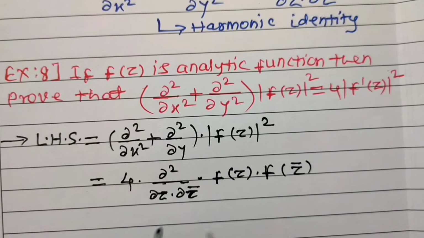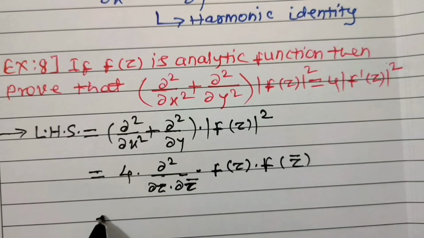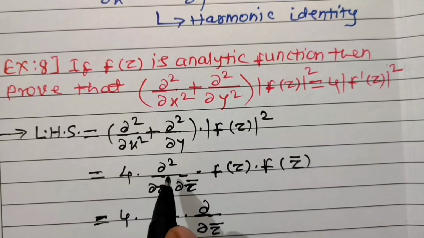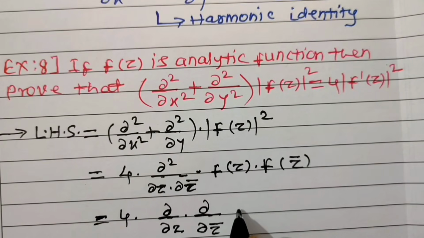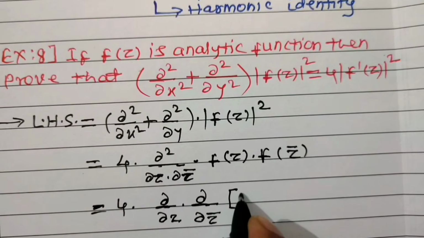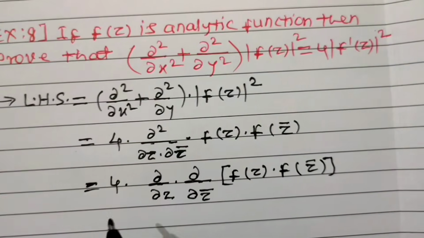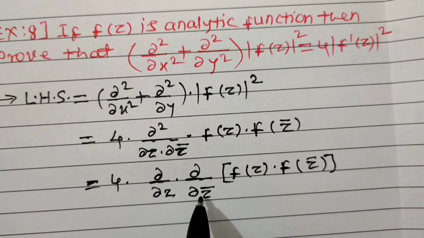Now separately apply ∂/∂z on f(z) and ∂/∂z bar on f(z bar). So this is equal to 4 times ∂/∂z into ∂/∂z bar, which is nothing but ∂²/∂z∂z bar, applied on f(z) into f(z bar). ∂/∂z applies on this and ∂/∂z bar applies on this.